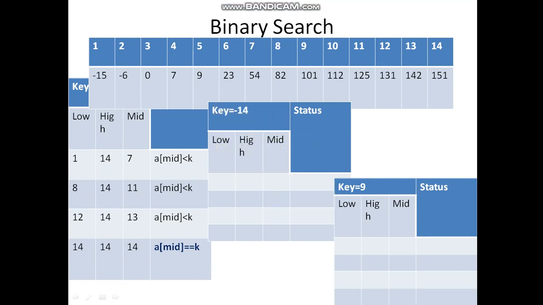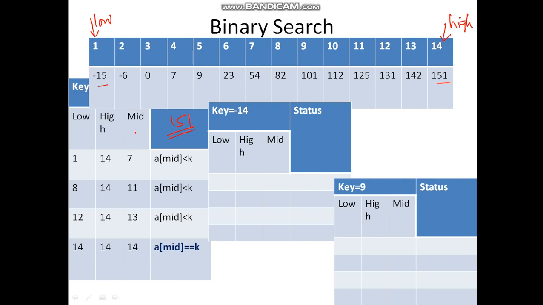These 14 elements range from -15 to 151. Low is 1 and high is 14. Let us say in this case I want to search for 151.